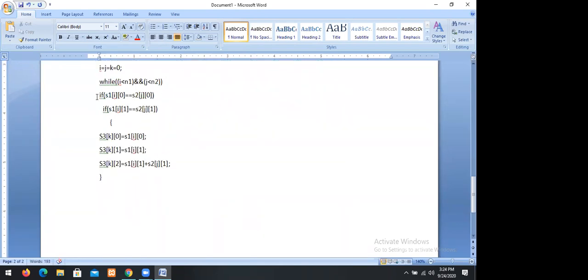When row numbers are equal, then we check the column numbers. When columns are also equal, we do not add the row and column numbers, we just add the values. So the row is copied, the column is also copied, and finally the non-zero term is added.